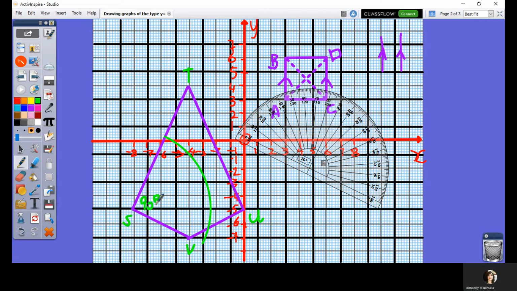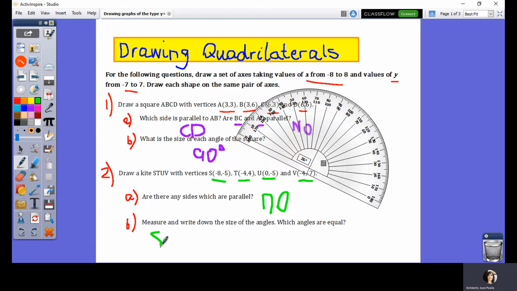Angle S here is 90 degrees. You can write this symbol, meaning that angle S is 90 degrees, or else you can write it like this. This means angle S, it is just a symbol.